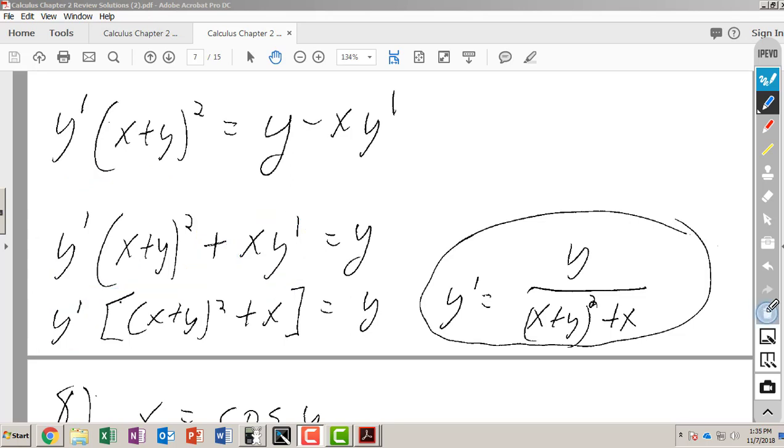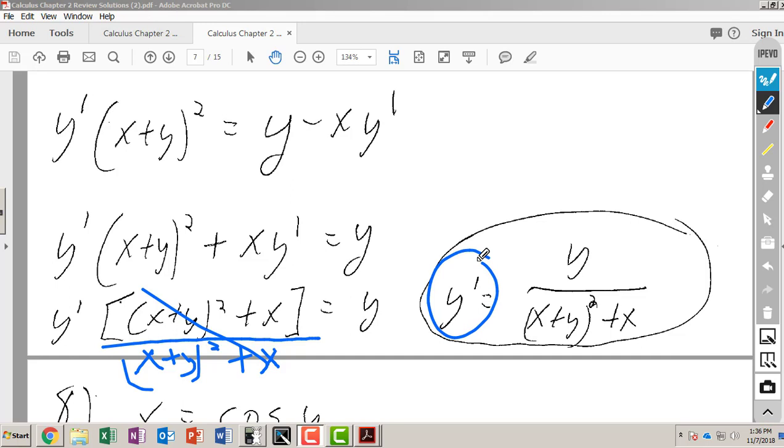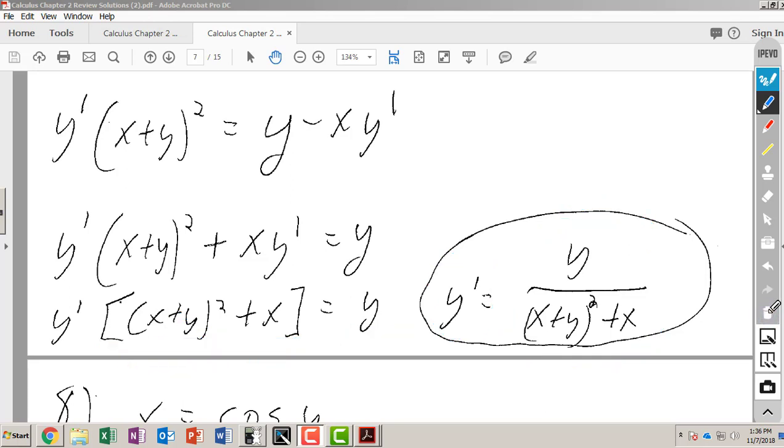So my last step is I'm going to divide both sides by x plus y squared plus x. Dividing both sides by x plus y squared plus x is going to cross out on this side, and I'm going to be left with y prime, and when I divide that over here, I end up with y all over x plus y squared plus x. And so that's going to be your answer to number 7. You got y prime equals y all over x plus y squared plus x.